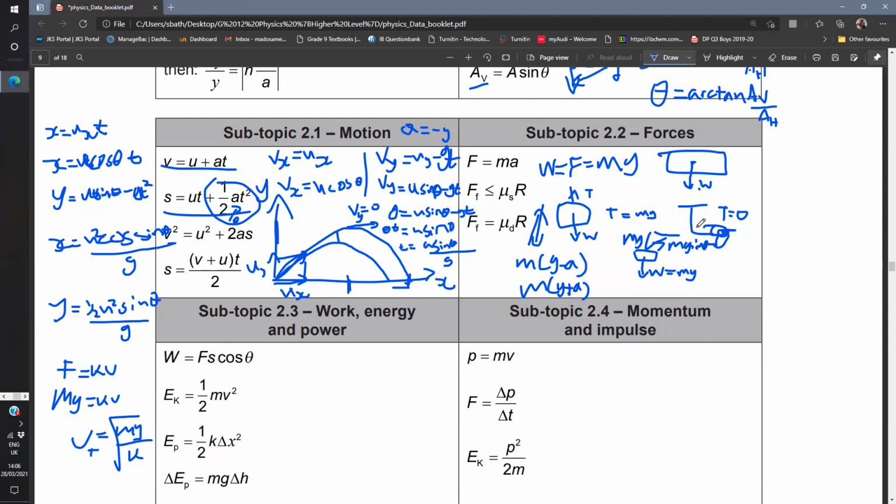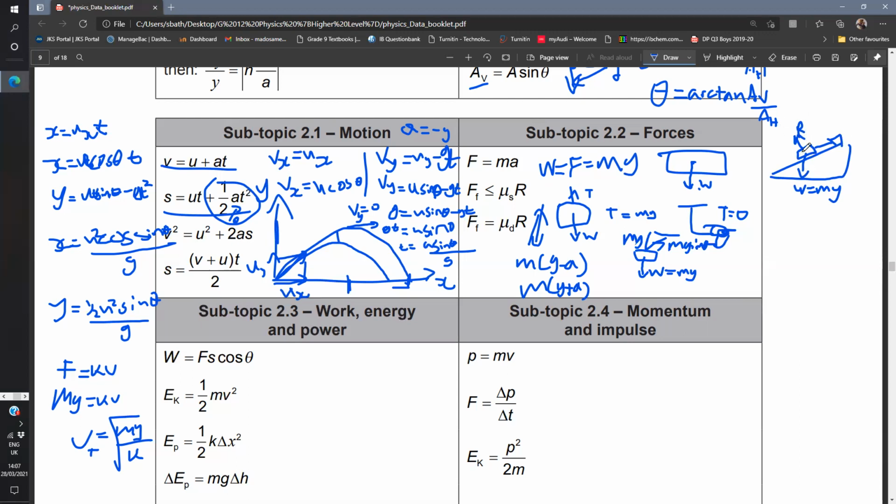Now, what if it was in another way? What if it was like this? So you have something here holding it, and it's basically falling here. W is equal to mg. So tension, sorry, we're going to have a normal force. We're going to call this R. It's usually called the reaction force, and it always opposes the surface.